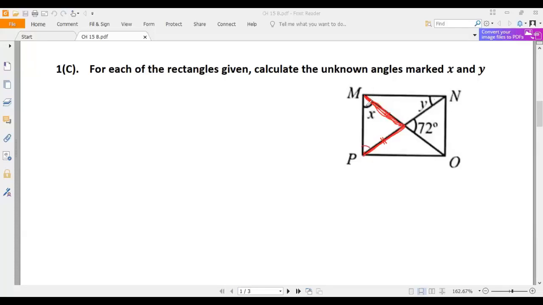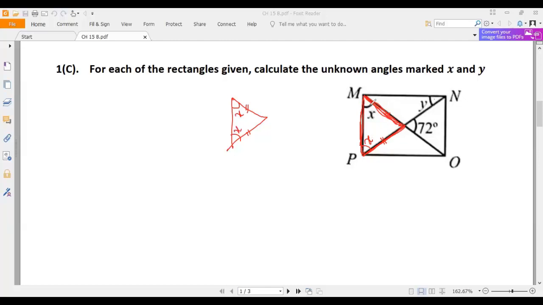Then we can say this triangle, that means this red part, is an isosceles triangle. So in an isosceles triangle, if I draw it in that way, we can easily understand. We know that in an isosceles triangle, two sides and two angles are equal. So if this one is x, then it must be x.